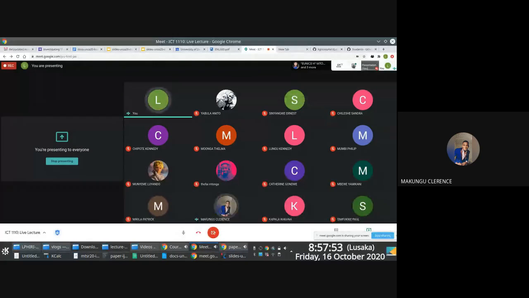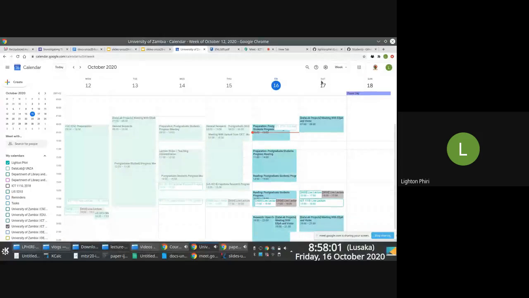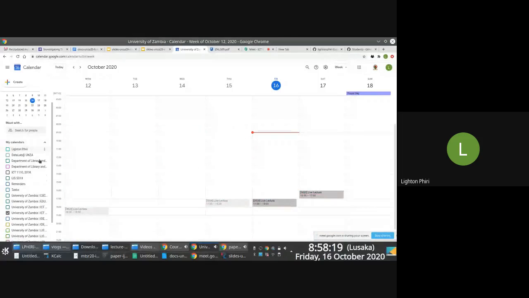Are we having the class tomorrow or Sunday? You said they don't have class about prayer day tomorrow or something like that. No, prayer day is Sunday. According to my calendar, prayer day is Sunday. How fitting, right? They say it's a sign from God that we must not have class. Guys, when I told you to use Google Calendar, you must use Google Calendar like Lighton does.